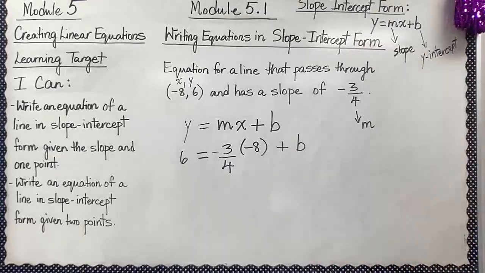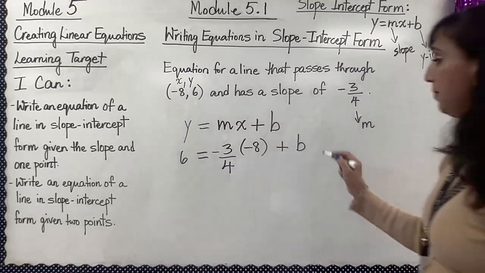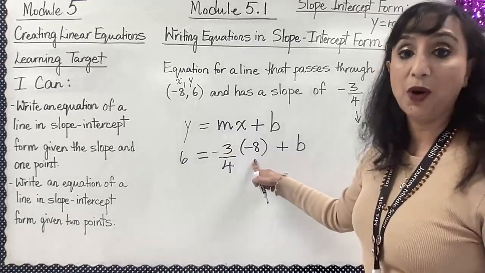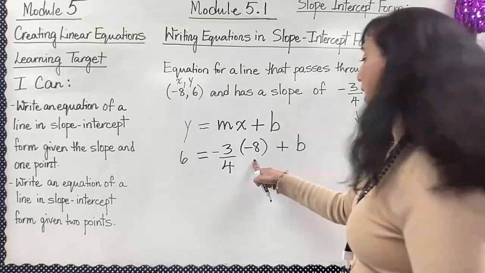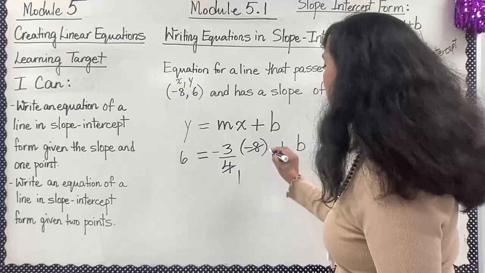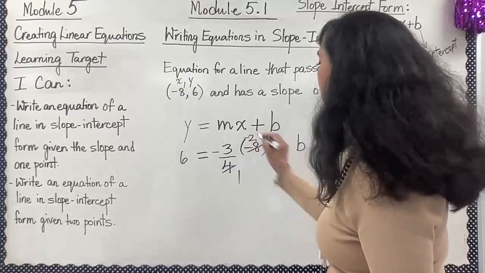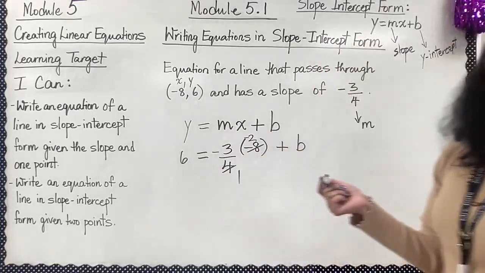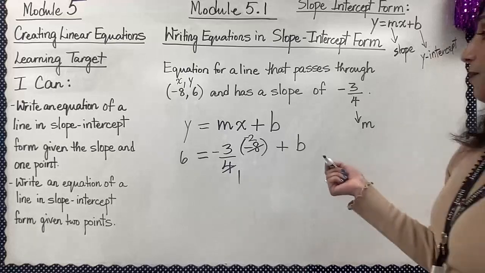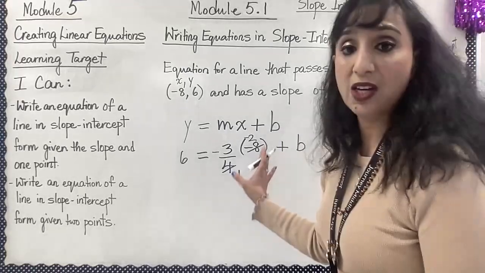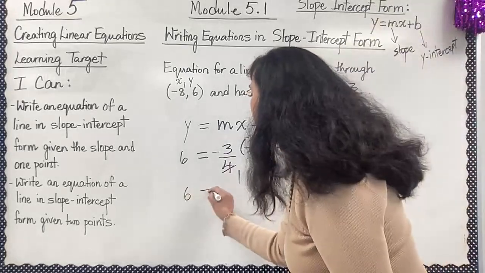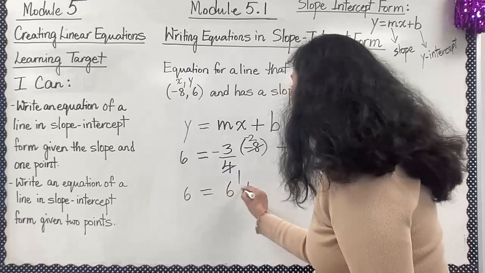If I simplify, negative times negative is going to give me positive. Negative 8 divided by 4 is negative 2, and negative 2 times negative 3 gives me positive 6, because negative times negative is positive. So 6 is equal to 6 plus b.